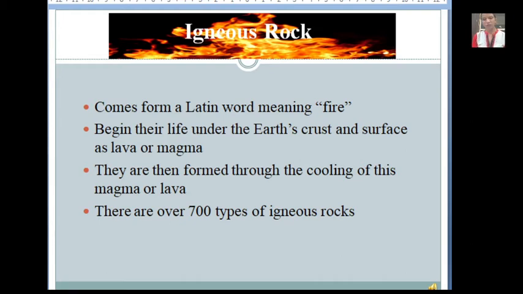These rocks have basic properties, and they have no layers because they are formed in contact with fire, and no fossils are found in these rocks, and they are very hard and compact rocks.